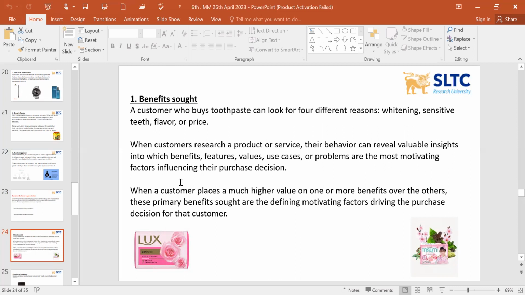When a customer researches a product or service, their behavior can reveal valuable insights into which benefits, features, values, use cases, or problems are the most motivating factors influencing their purchasing decision. So, what this says is you can segment consumers in a given market through the benefit of a product. That's number one, right?